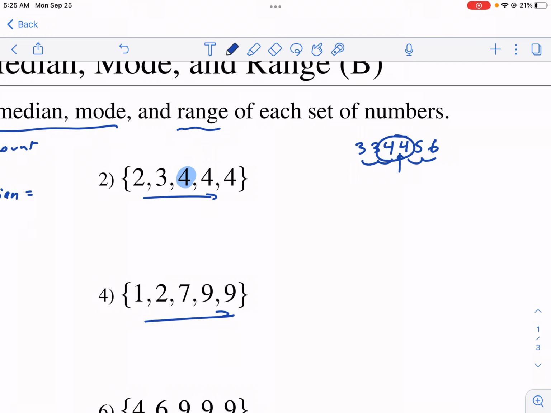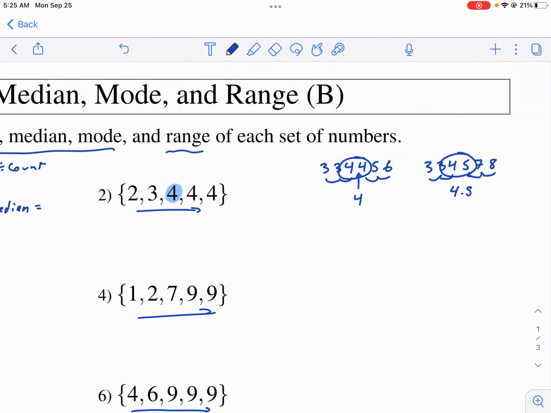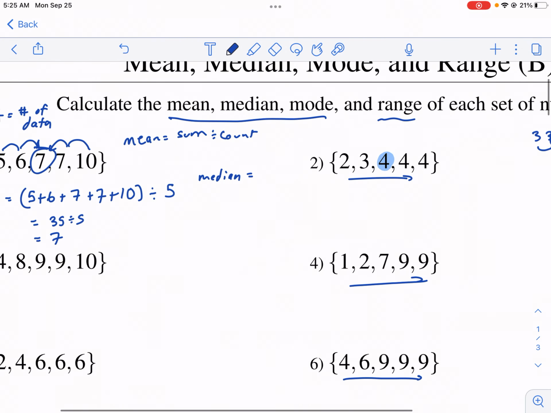In this case, the number that's halfway between 4 and 4 is just 4. So 4 would be our median. But if we had something like this, 3, 3, 4, and then 5, 7, 8, where we arrive on 4 and 5, the median is going to be 4.5. Okay, that's not the case for this worksheet. I just want to clarify that for median.